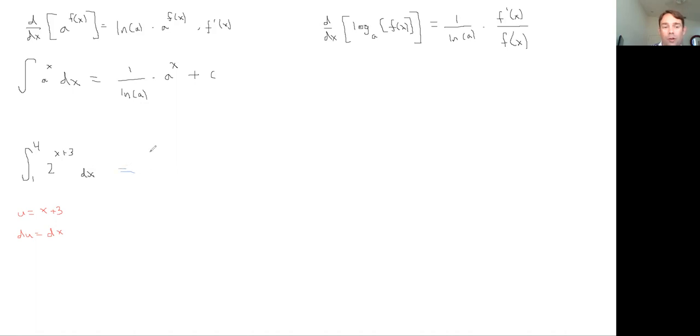So we have 1 over the natural log of the base times 2 to the x plus 3, from 1 to 4. Now, friends, if it were me, I'll be honest, I'm going to pull out that 1 over natural log of 2. It's just a constant number. It doesn't need to be in there when I evaluate. So now we're dealing with 2 to the x plus 3. And now we can go ahead and evaluate it.